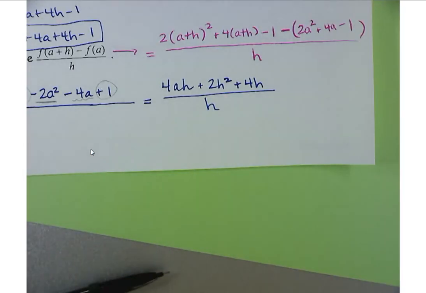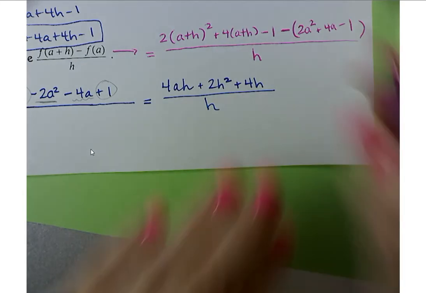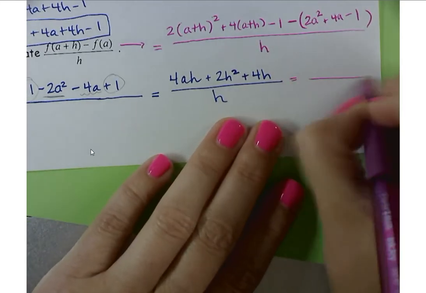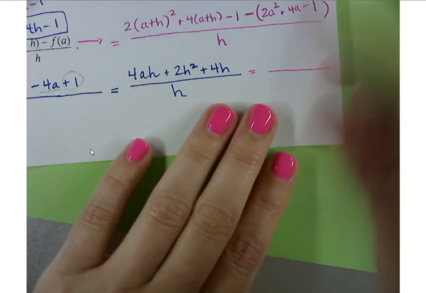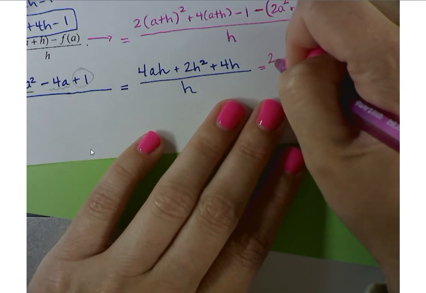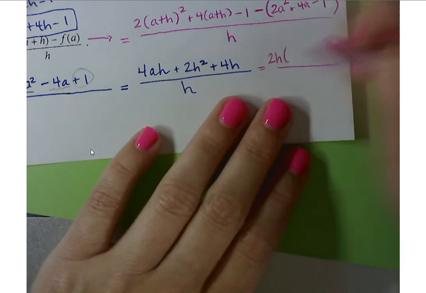Is there anything you noticed that I can do? Okay, yeah, you can factor out the GCF. You can factor out an h. Can you factor out anything else? Yeah, the 2. So if you have 2h, it's like you're dividing.